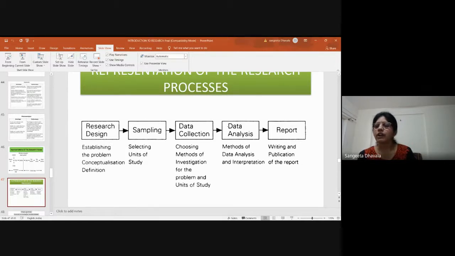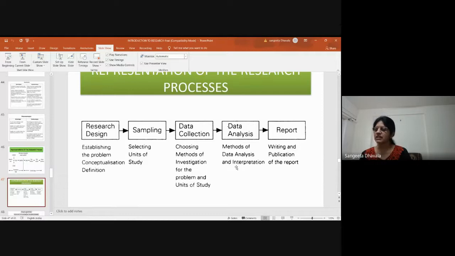Now, all these are data analysis methods: descriptive analysis and inferential analysis. By descriptive, you are getting the frequencies, percentages, the maximum and minimum age of the sample, and you can also represent that in graphical form with the help of pie charts, Venn diagrams, whatever.